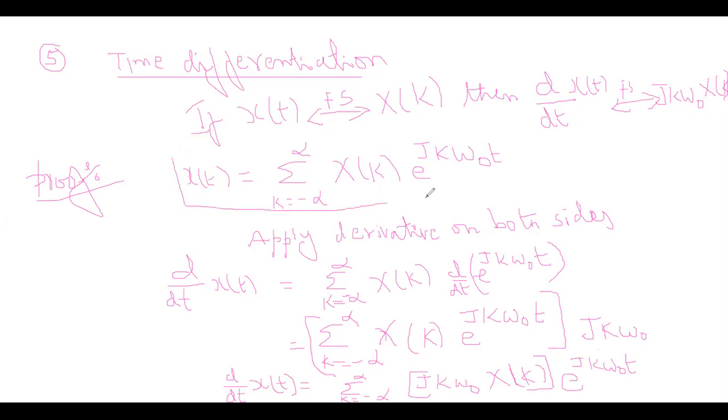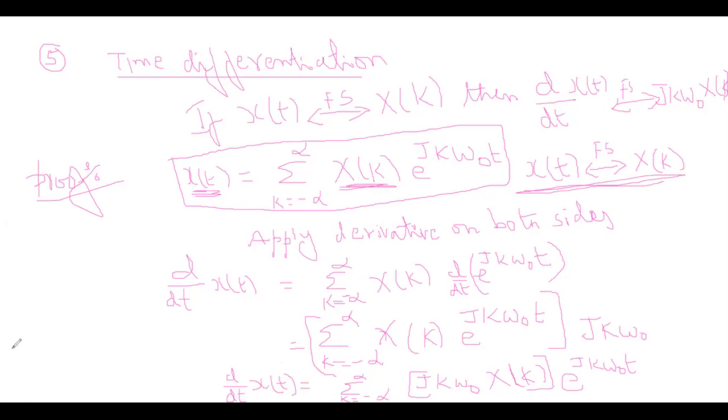That x(t) is the sum of X[k] e^(jkω₀t), a Fourier series relation for X[k]. Same here: instead of x(t), we have dx(t)/dt, and instead of X[k], it is jkω₀ X[k] times e^(jkω₀t). So there is a Fourier series relation between x(t) and X[k] here.